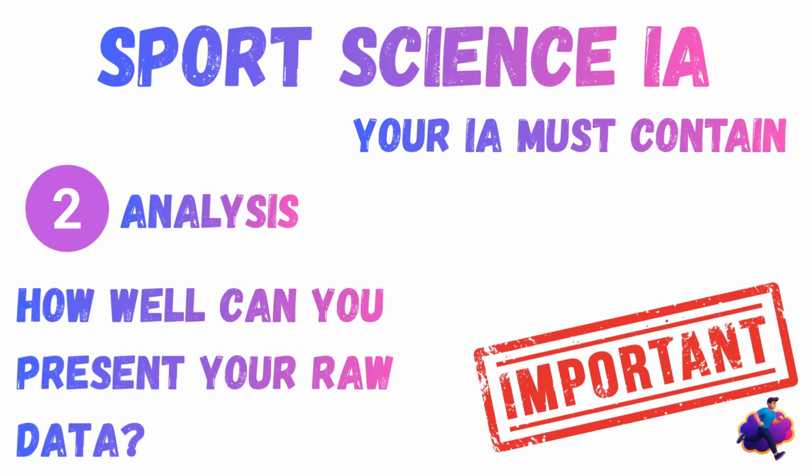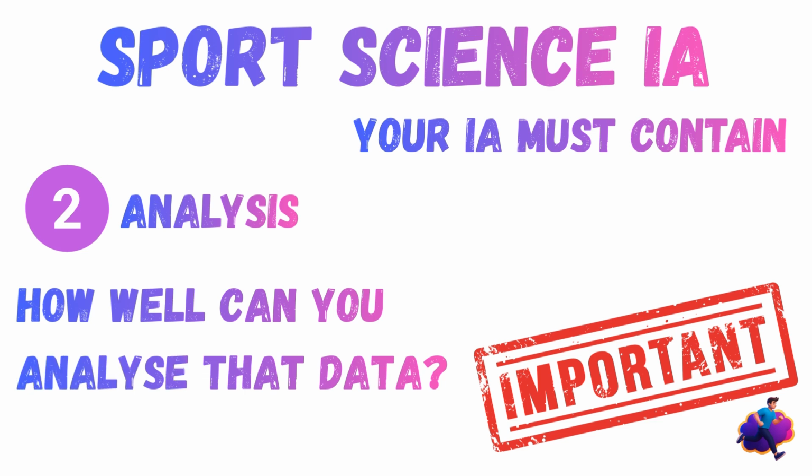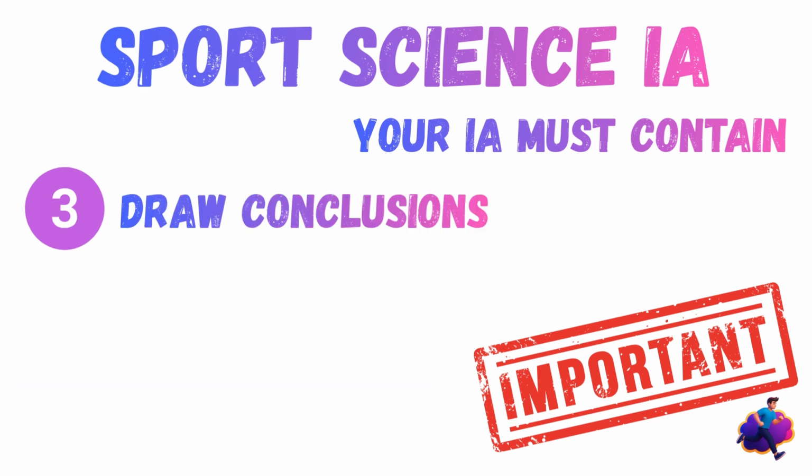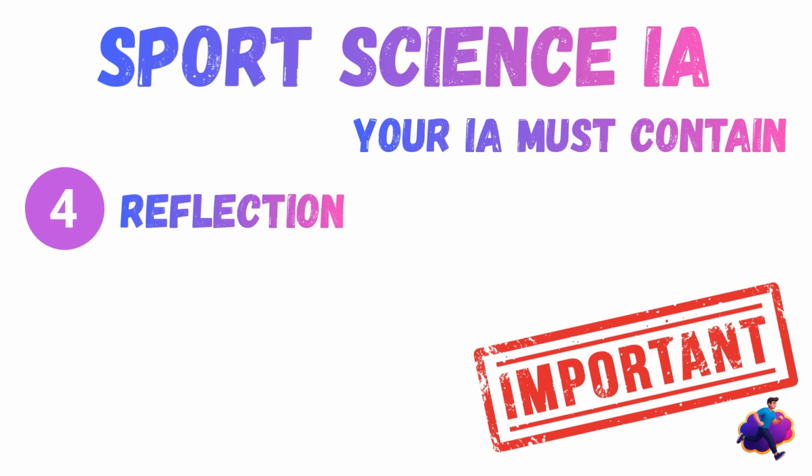How well can you present your raw data? How well can you process it carefully, considering uncertainty, and analyze it using appropriate statistical tools? Then it wants you to draw conclusions. This is where you answer your research question using your data, your statistics, and your understanding of the theory behind sports science. And then finally, it wants you to reflect on your method.